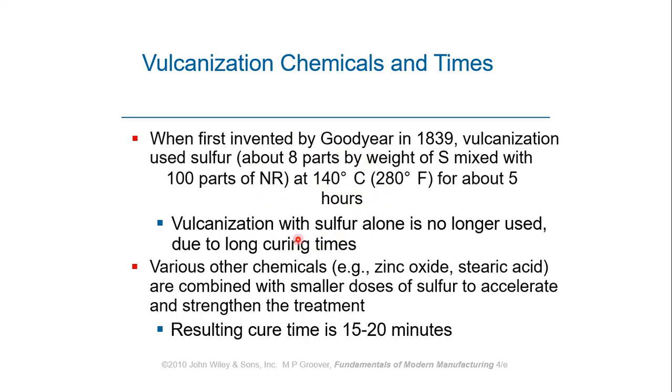Sulfur alone is nowadays not necessarily used because it takes a really long time for curing. 5 hours is a very long time for curing one single part, and that is why different methods have been developed by researchers. Various other chemicals are used to reduce the time for vulcanization, involving zinc oxide and stearic acid, which are used with the sulfur.